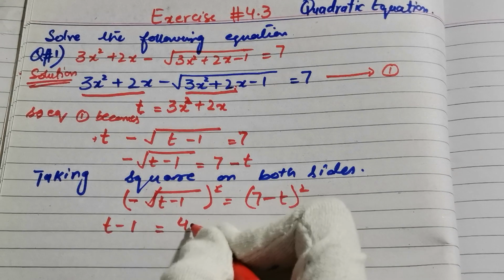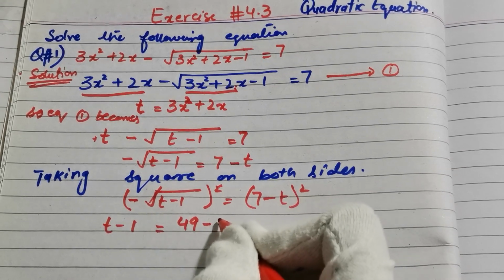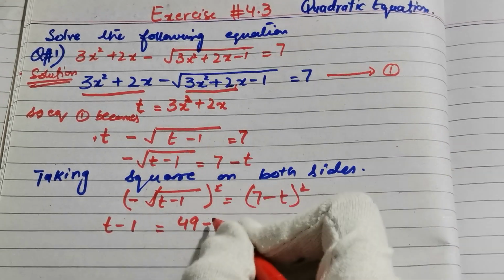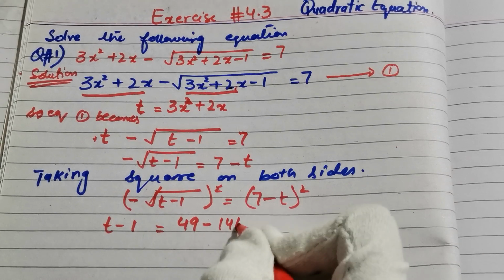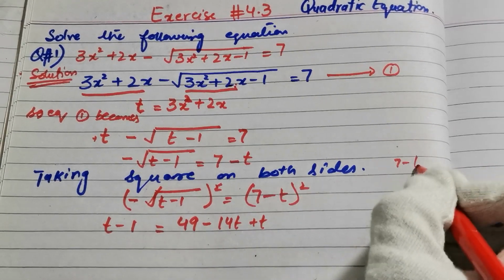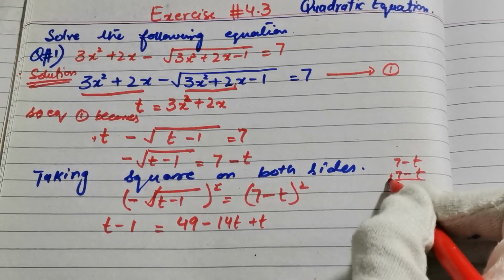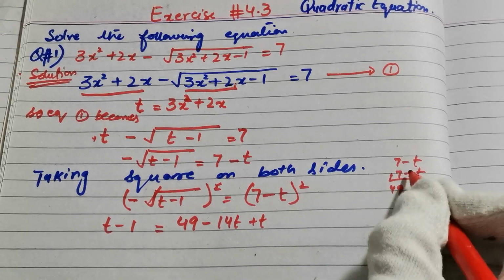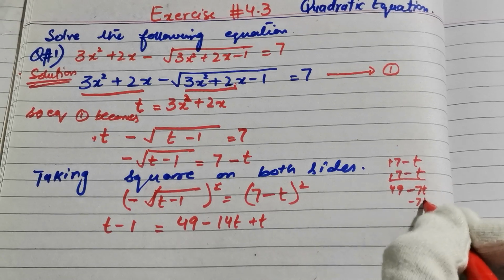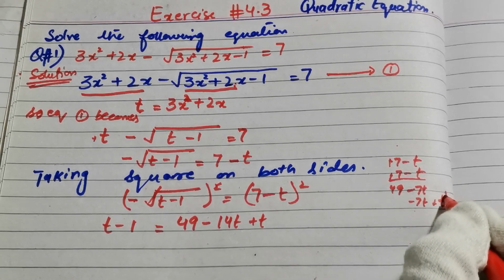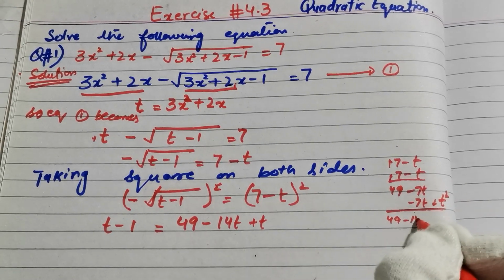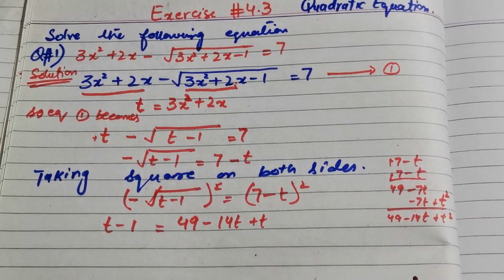What we get? 49 − 14t + t². 7 minus t, 7 minus t: 7 sevens are 49, then −7t and −7t, and t²: 49 − 14t + t².